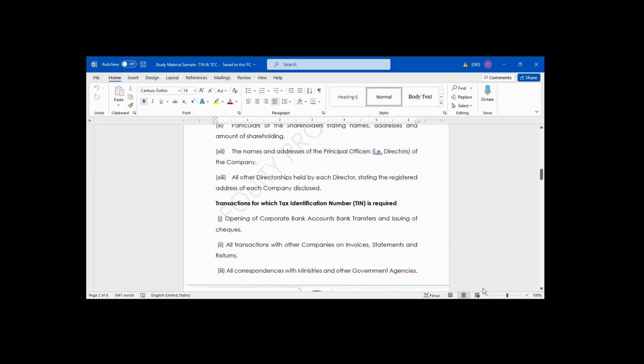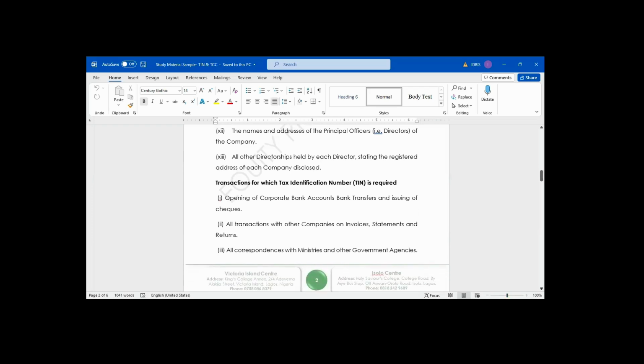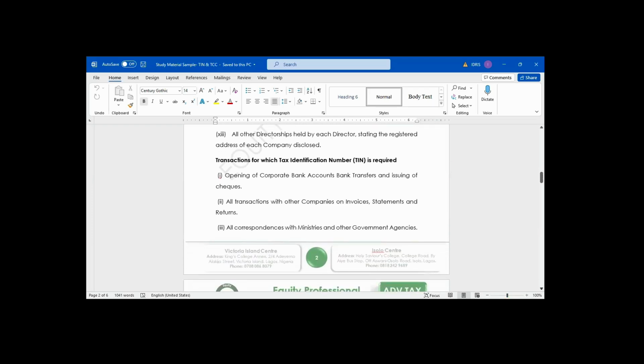Another one, a transaction with another company. The other company can ask you for your tax identification number, because if that company deducts VAT from what they sold to you, they are going to remit the VAT and state your own tax identification number so that you can claim the VAT as your input VAT.